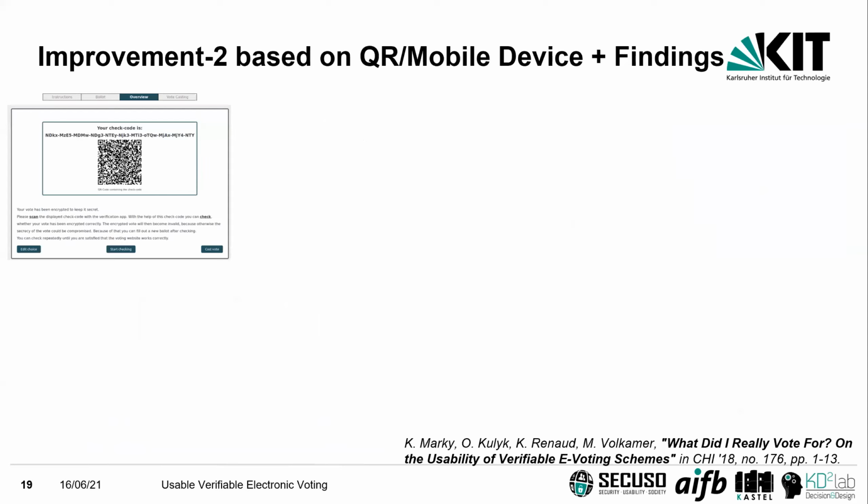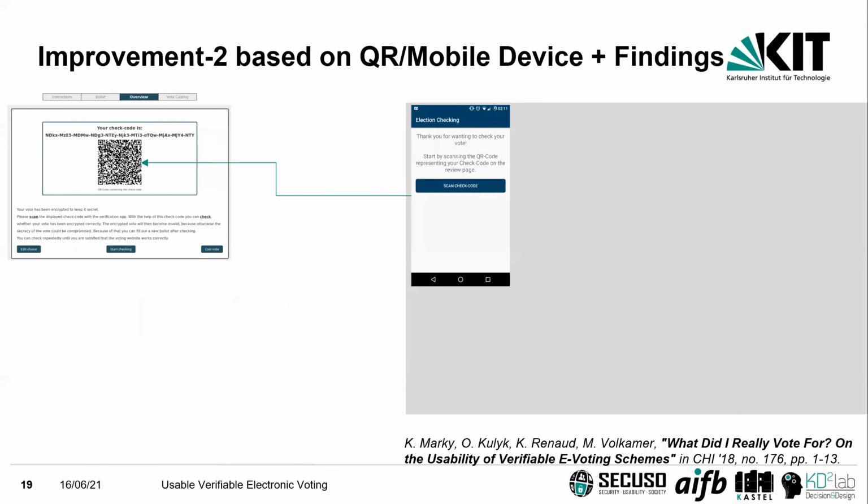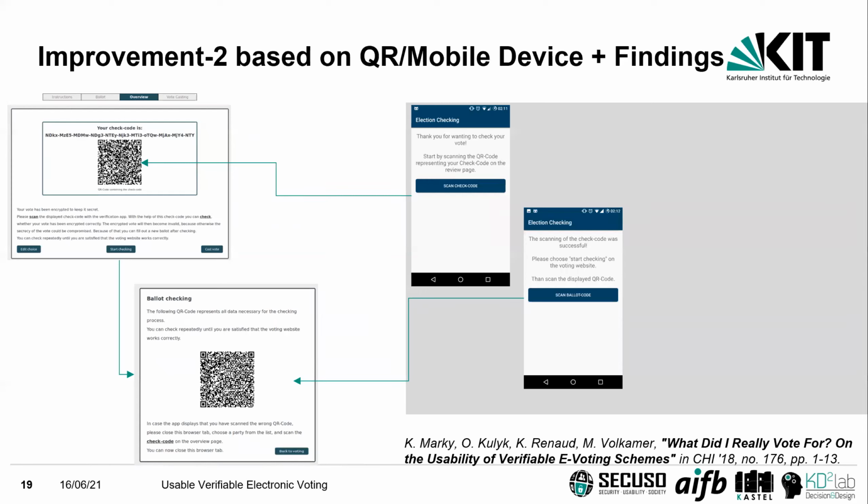We further on had an idea how we can further simplify the Helios approach using QR codes and a mobile device. The idea is that you have a second device, mainly your mobile device, and instead of comparing the hash value manually, the app can do this for you because you first scan the hash value by scanning a QR code. That's what you can see on this slide. If you want to check, you get all the information again provided in a second QR code.